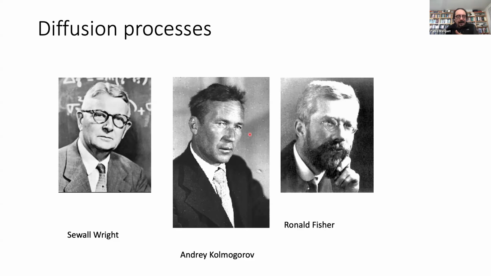Fisher did too, and there was a big fight between these two at some point because of that. And Kolmogorov actually did the theory and showed these guys this is the way you should do it, in a very elegant way.